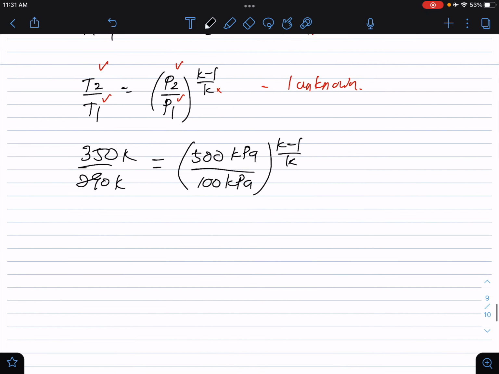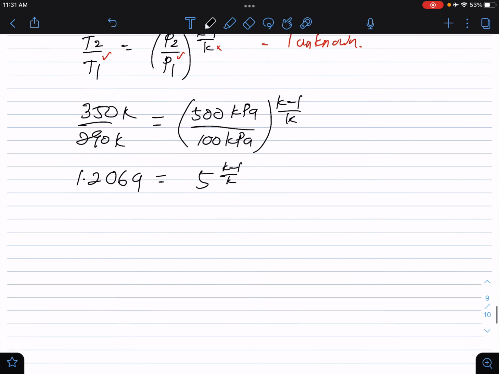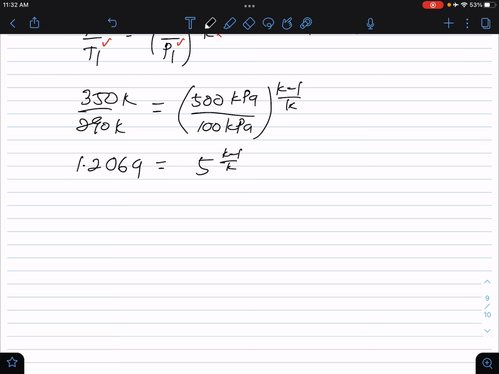Then you simplify: 1.2069 equal to 5 to the power of (k minus 1) over k. You can put ln or log on both sides to solve the problem. ln 1.2069 equal to ln 5 times (k minus 1) over k.